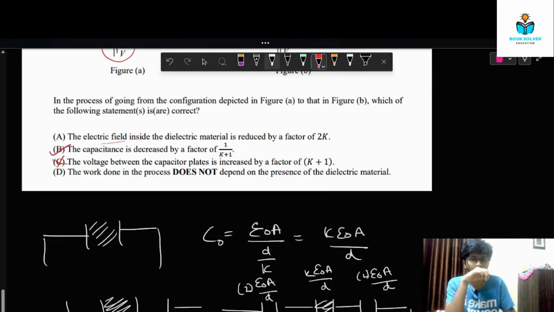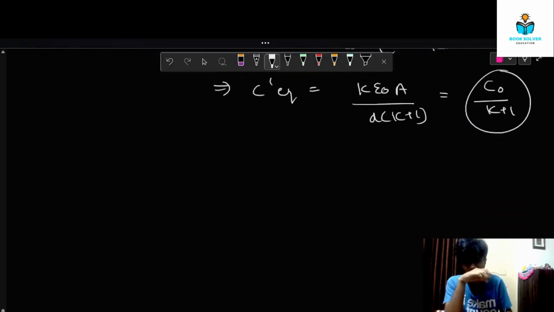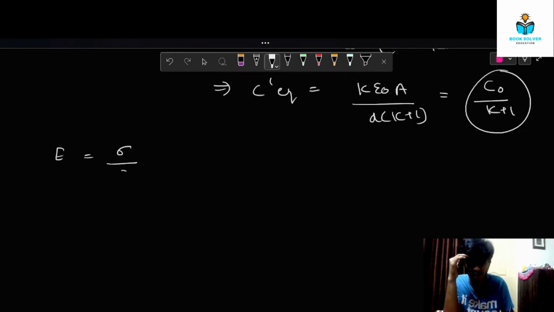Now electric field. Okay, so we should know one thing. Electric field is equal to sigma by epsilon naught, right? And sigma is basically Q by A, so E is Q by A epsilon naught.